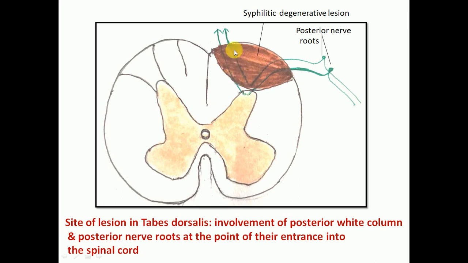Here there is a loss, or we can say impairment, of proprioceptive sensation. Also 2-point discrimination and vibration sense can be lost, and the Romberg sign can be positive. The patient becomes ataxic. When the patient closes their eyes, there are chances of falling down. So this type of sign and symptom occurs in tabes dorsalis.